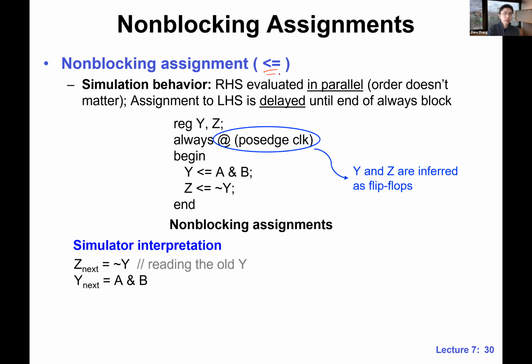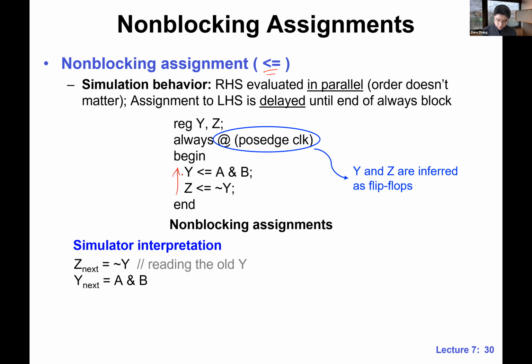And here's the interpretation. For non-blocking assignment, one way to think about this is, instead of reading the statements from top to bottom, you reverse this. That's one way to interpret it, and this way you'll be correct.